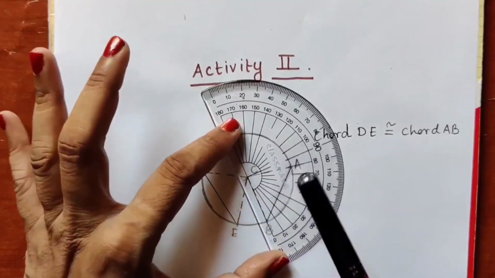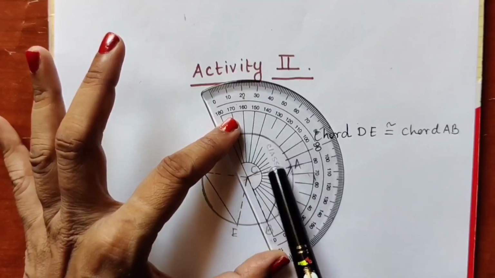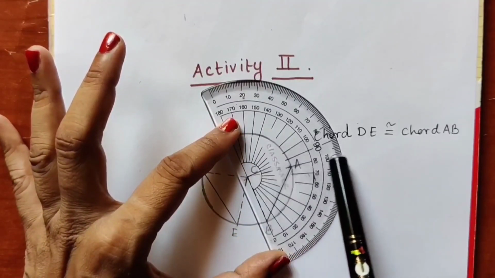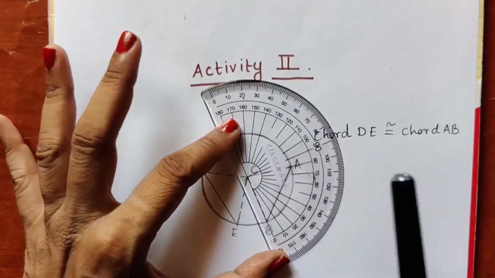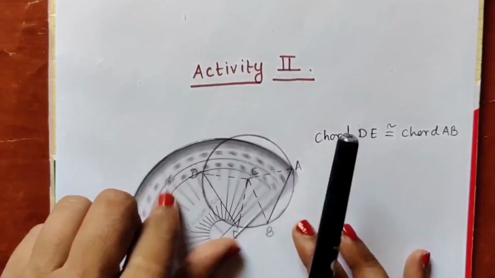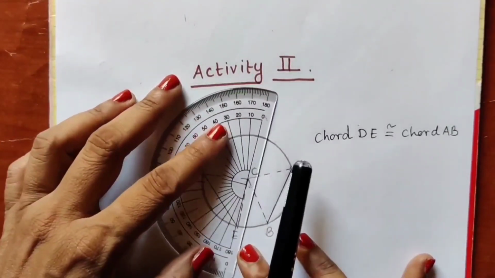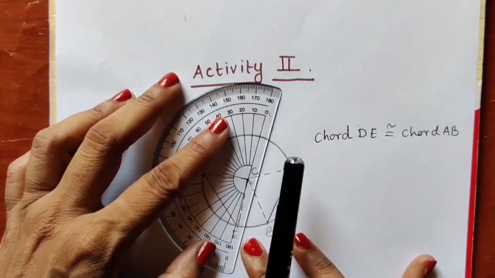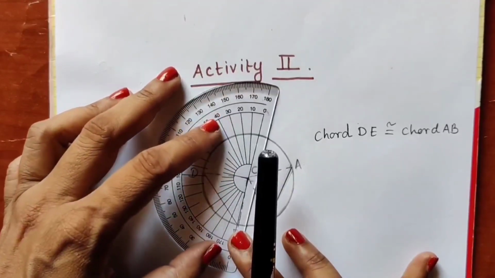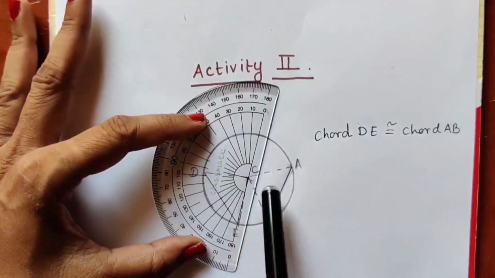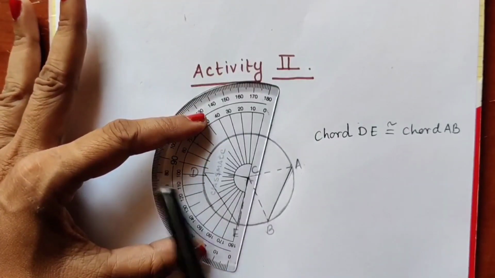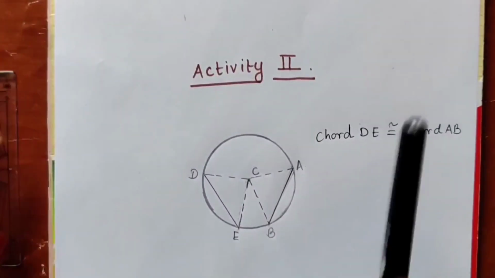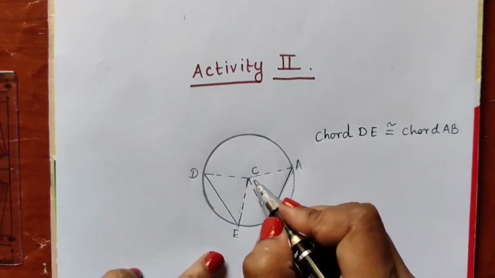As you all can see, children, this CA coincides with the 80-degree angle. Now let us measure this angle. Now see, children, this CD is also coinciding with 80. So both these angles are of 80 degrees.